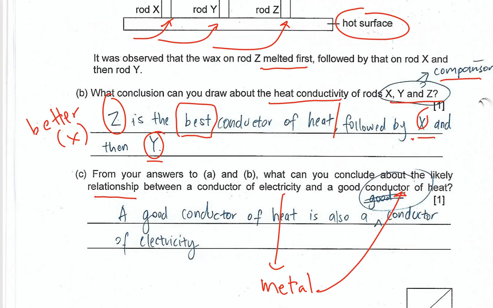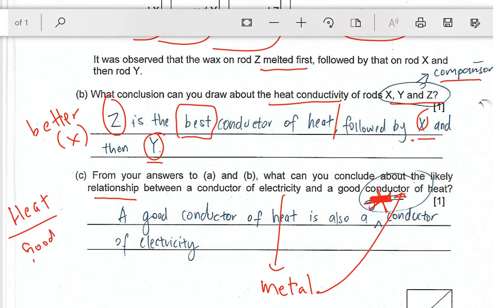Okay, now you notice that I wanted to insert the word good, but I started to erase away the word good. Alright, because for electricity, there is only either conductor or insulator. Okay, let me just write it at the side as notes. For heat, we can talk about good or poor conductor.